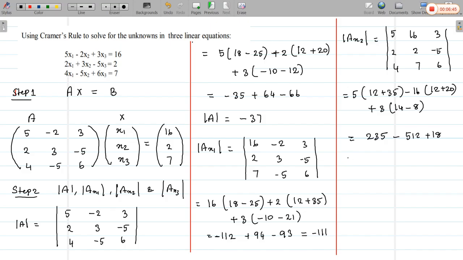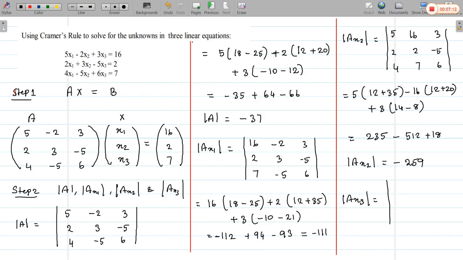So altogether, what is the determinant of Ax2? Minus 259. Okay, done. So now the determinant of Ax3.